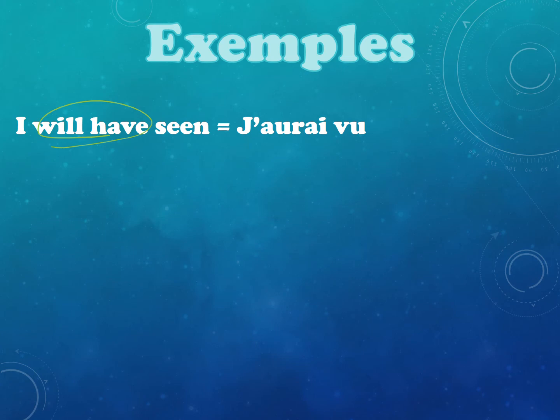What matters is that the verb for to see is voir, and voir uses avoir as its helping verb in the compound tenses. So I'm going to do avoir in the future. So my irregular stem or my je ending a, and then my past participle vu. I will have seen. J'aurai vu.